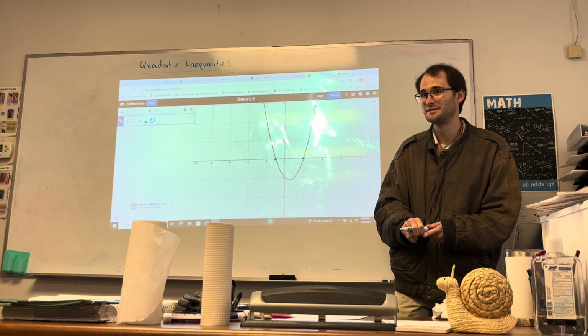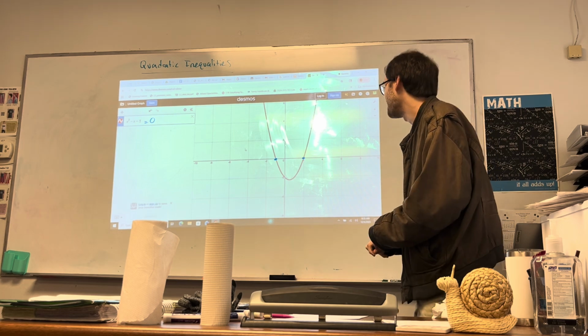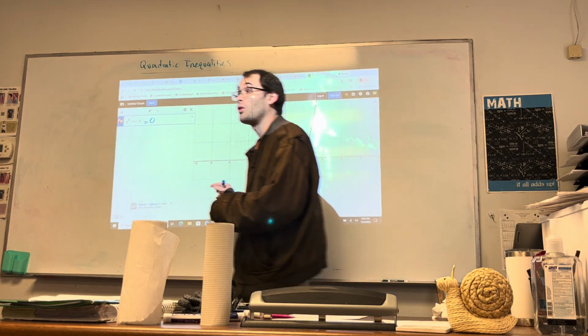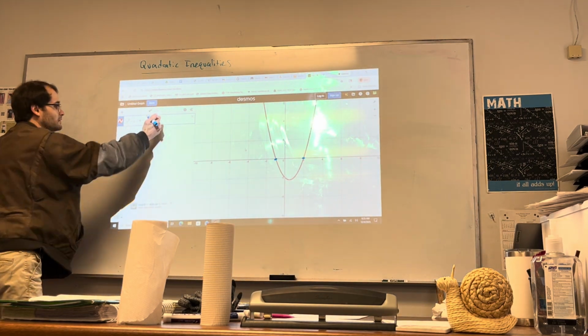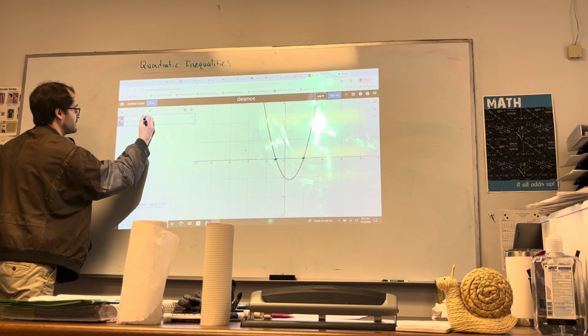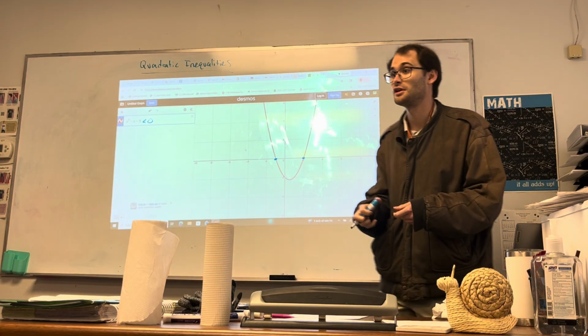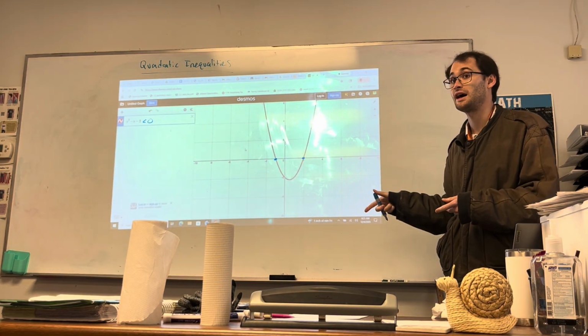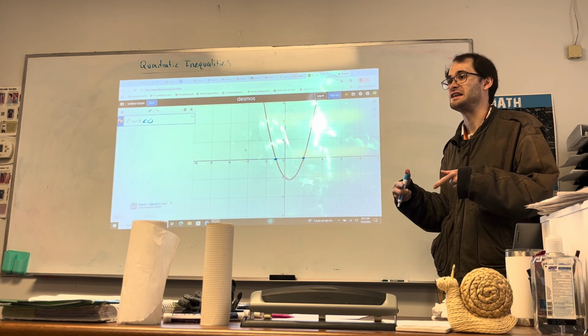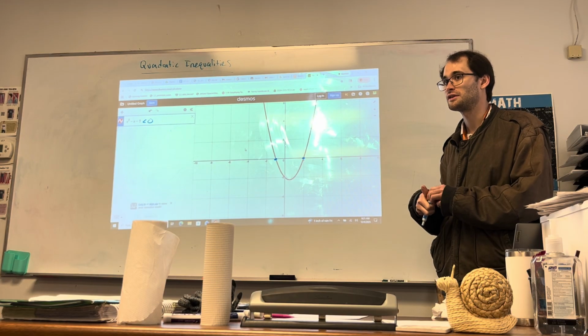We agree with that? But we're looking at inequalities now, okay? So maybe, if I did less than 0, then I want to know, okay, where on this graph are my y-coordinates negative? That's the idea.